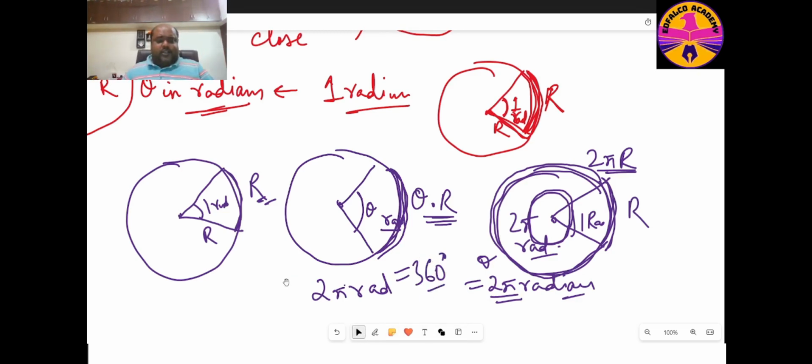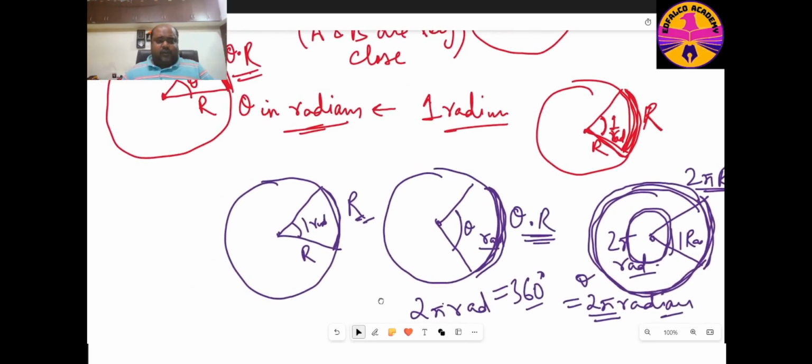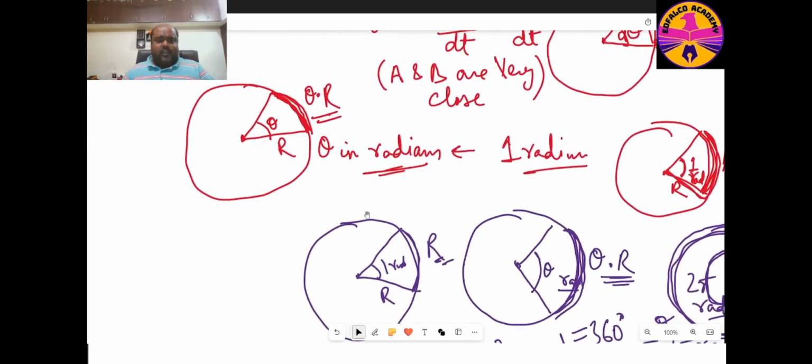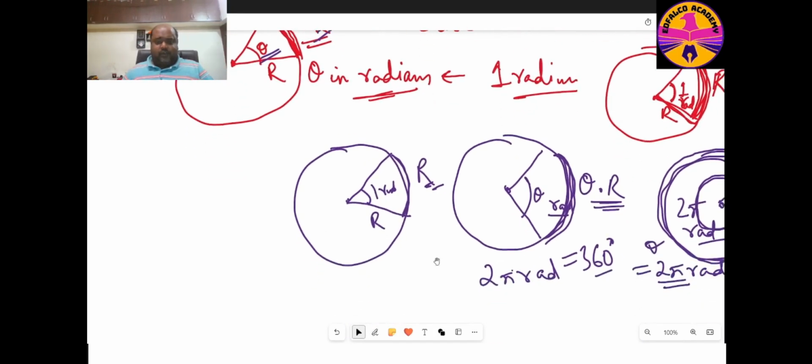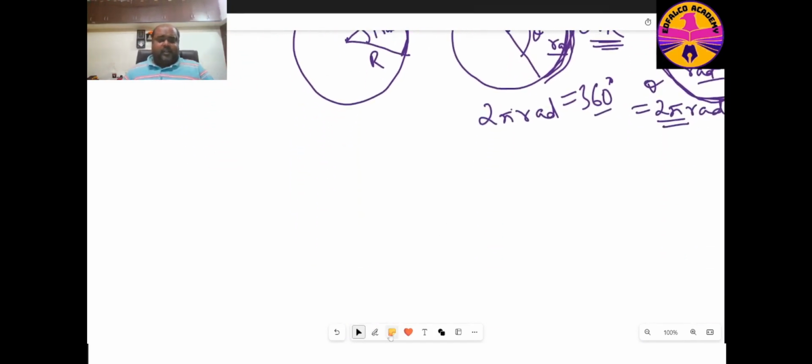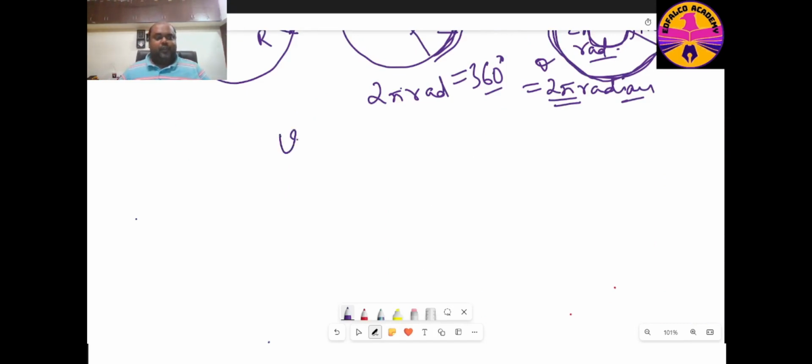So this is just the definition of radian, and because of that, if the angle subtended is theta radians, then the length of the arc is nothing but theta r. We will try to utilize this in order to find some relation between v and omega, because that was our primary purpose. So now we know that v is equal to ds by dt in the scalar format.